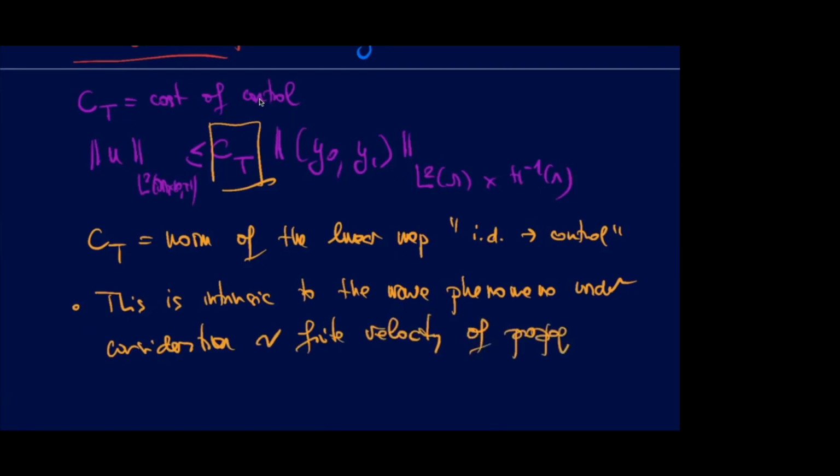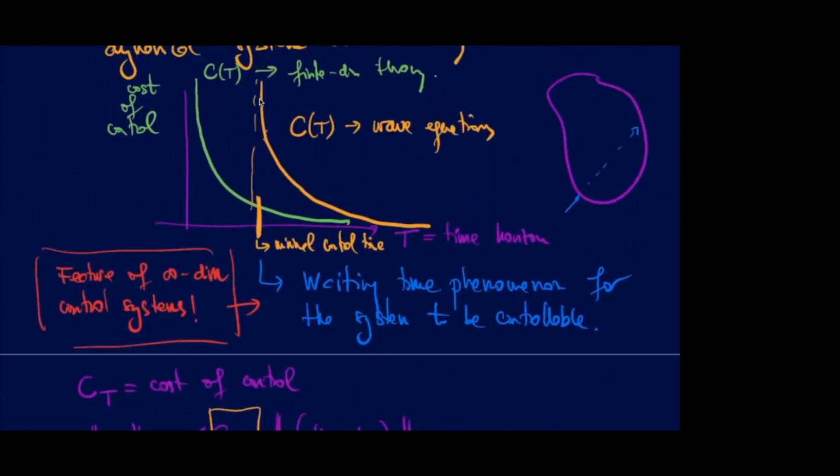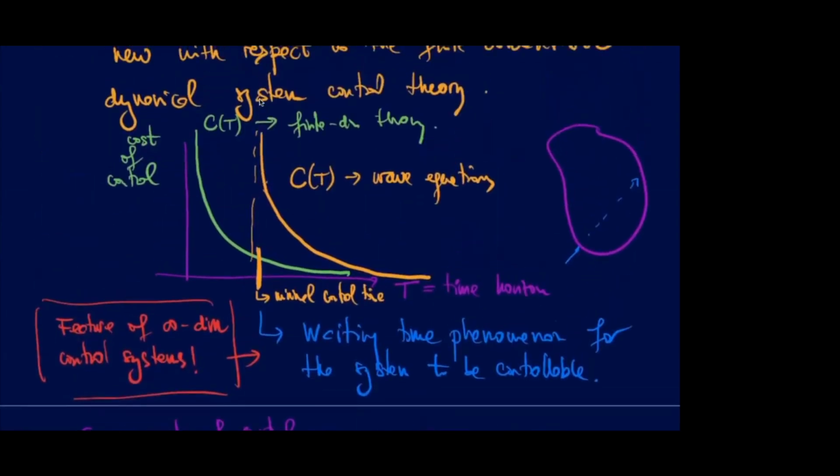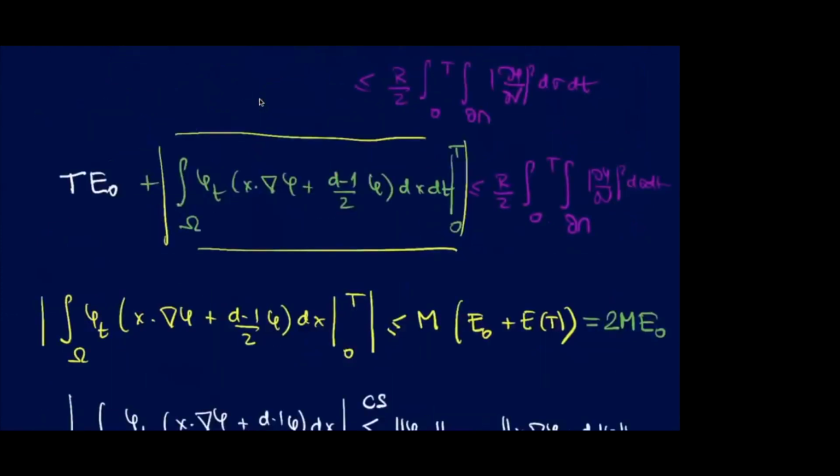Given that there is a finite velocity of propagation, you will never be able to get control in time too short. You need the time that the action on the boundary penetrates and covers the full domain.